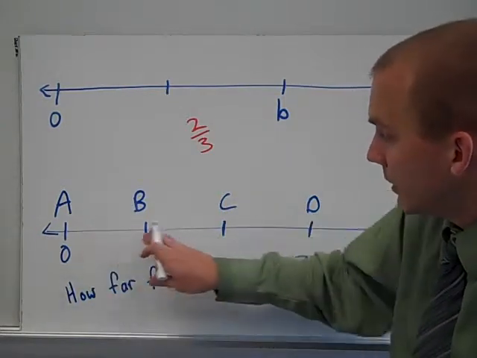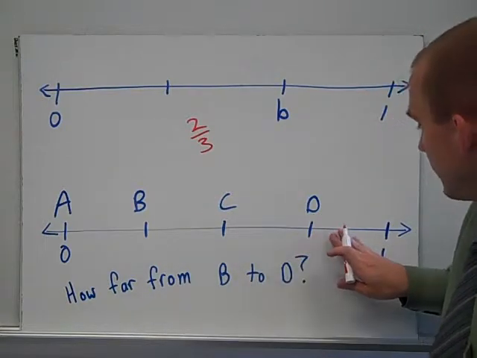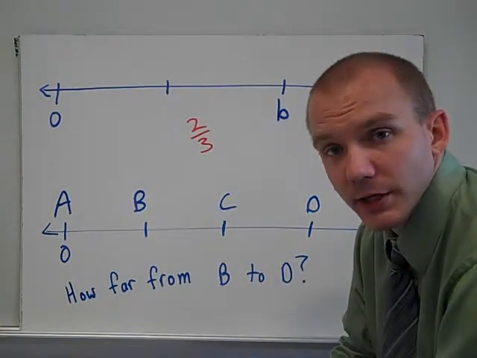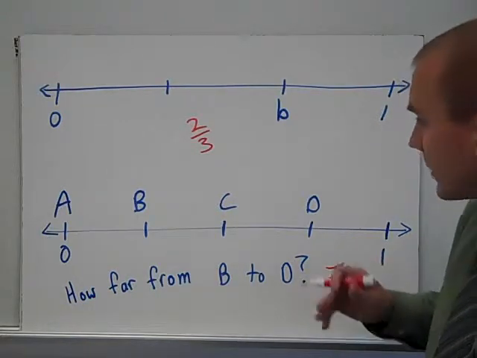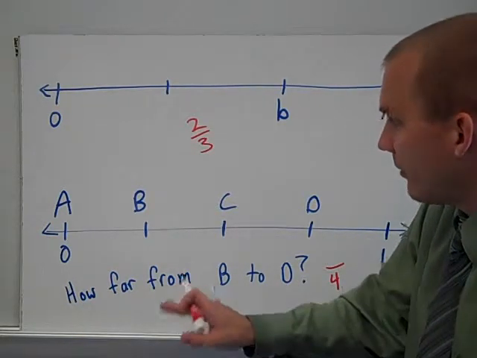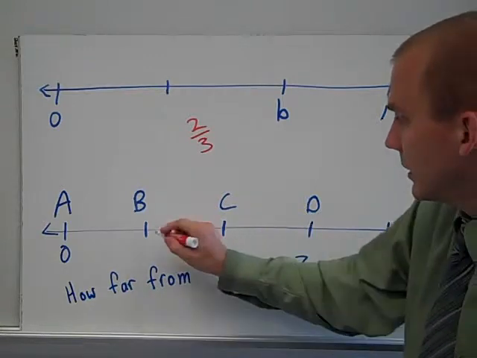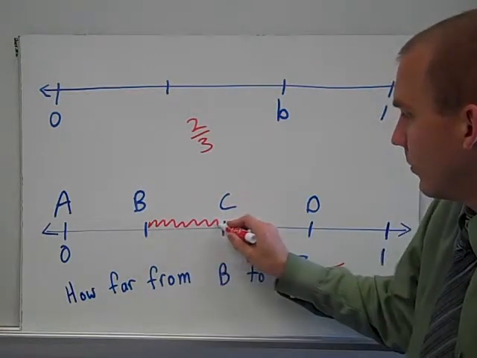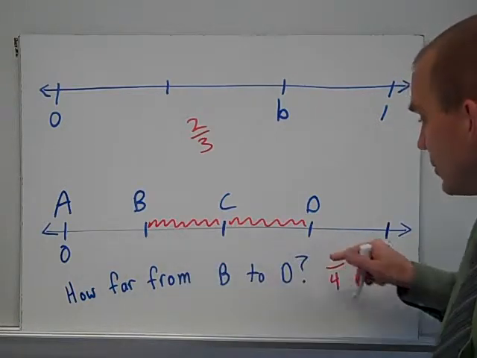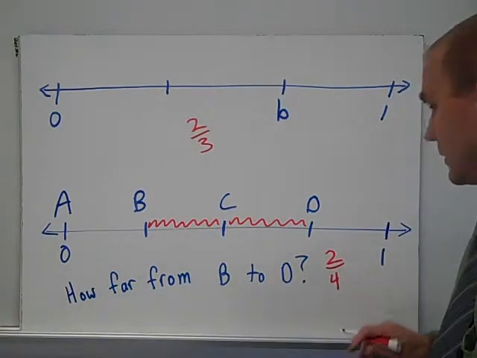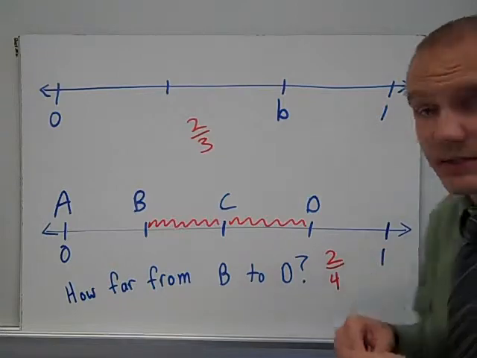So you have 1, 2, 3, 4 equal parts. So you're broken into fourths. Your denominator will be 4. Now you have to figure out how far from B to D. So 1, 2. I went 2 fourths. So the distance between B and D is 2 fourths.